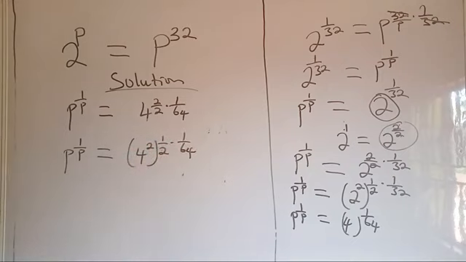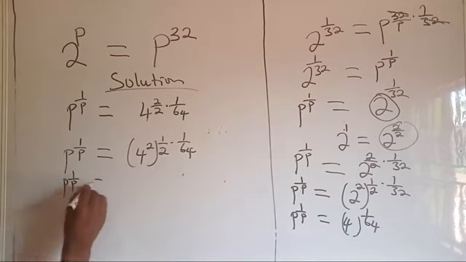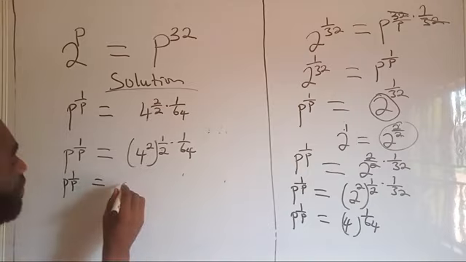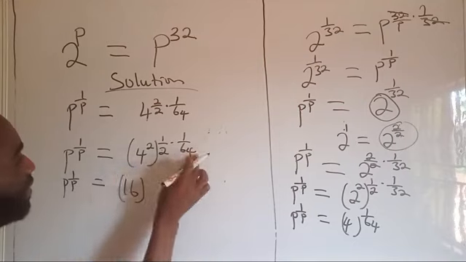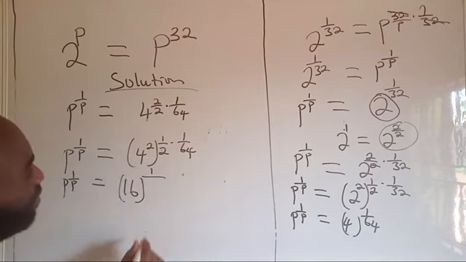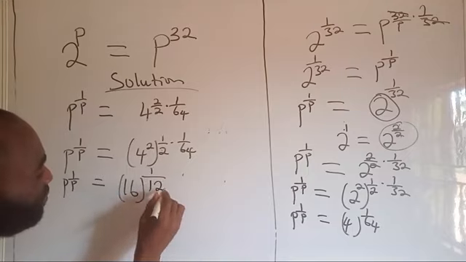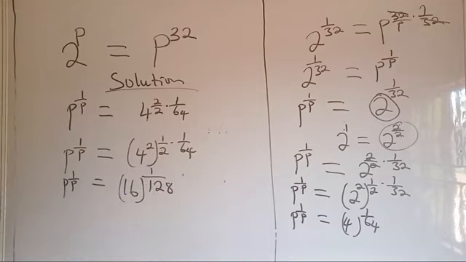I have not changed anything because the power going up is the same thing. So with this we now have p raised to the power 1 over p is equal to 16 raised to the power 2 times this, which gives us 128.